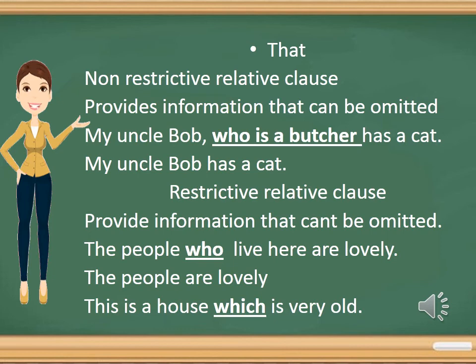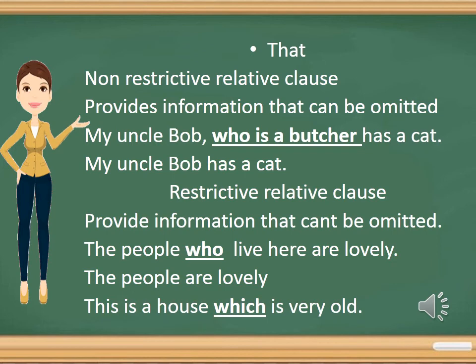So, it just speaks about people who are lovely. It is not being specific about the people who live here. Therefore, this particular information, who live here, cannot be omitted from the sentence.